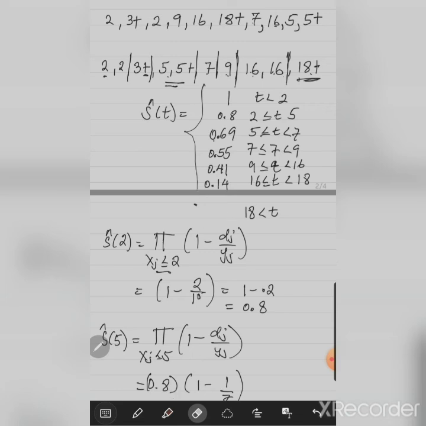Since this is a censored observation, I am just going to say that this continues on to be 0.14. So now this is our final answer.